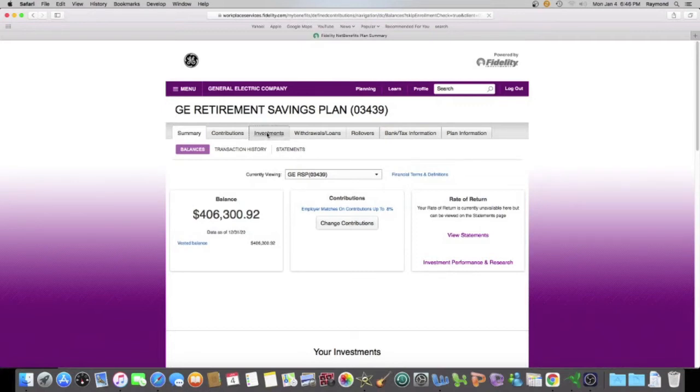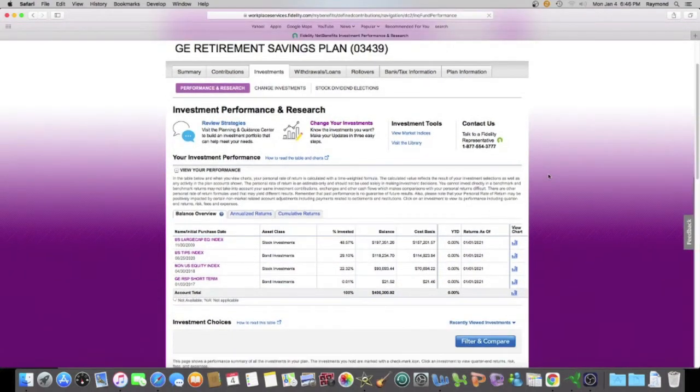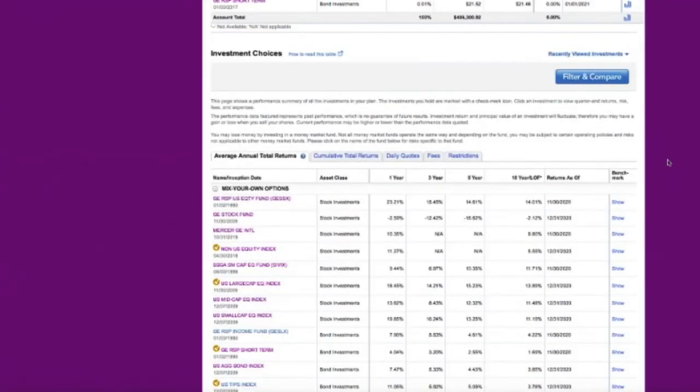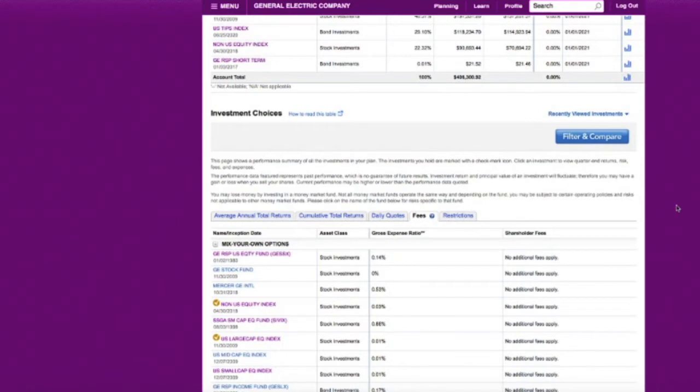So we want to click on investments. And once we click on investments, we're going to scroll down to all our investment choices. And we want to click on fees because that's what we're talking about today.